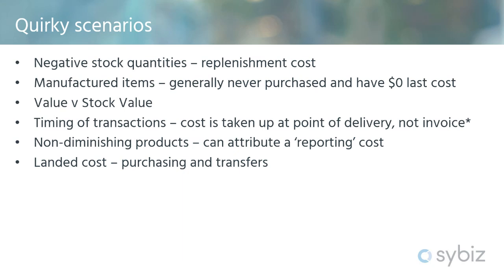It's perhaps something where when you started manufacturing them, you didn't have an inkling that you'd be purchasing them as well. So just something to be mindful of with manufactured items. Generally they don't have that last cost, so just be aware of that.